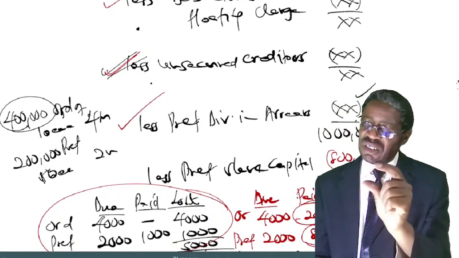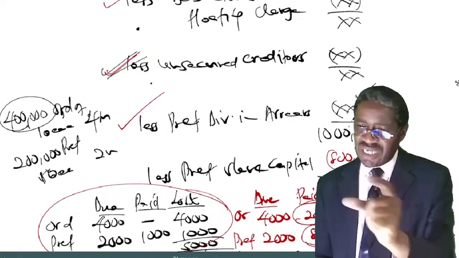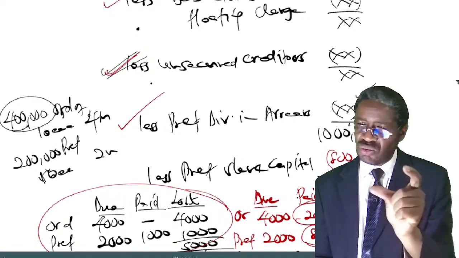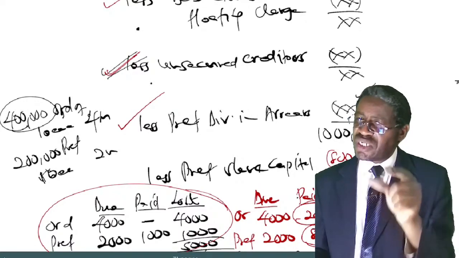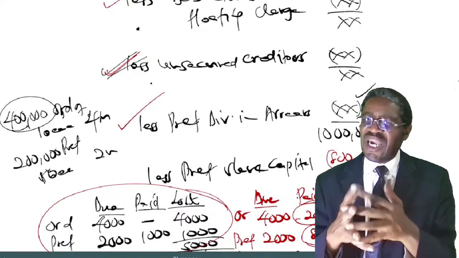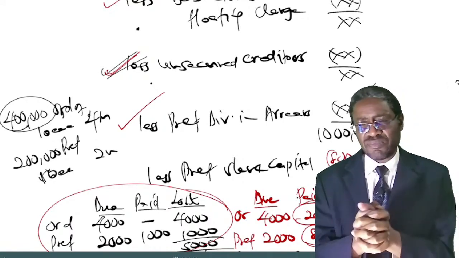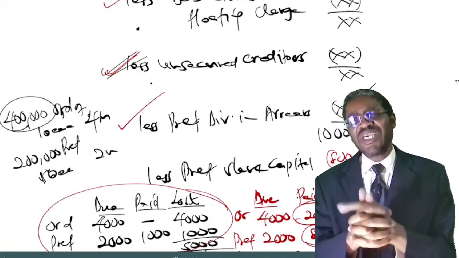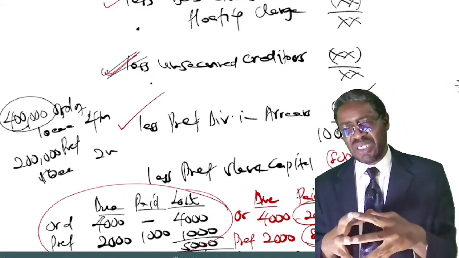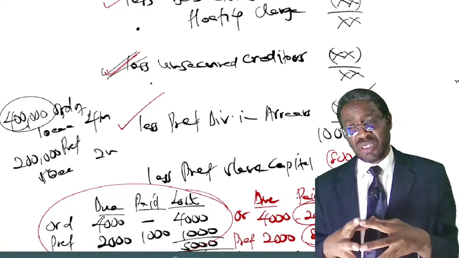And I told you, as far as unsecured creditors are concerned, it is not that we are saying only the trade creditors are unsecured. No, I told you when it comes to liquidation of companies, any liability that does not have security is normally classified as unsecured creditors.